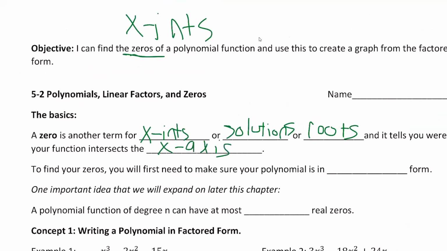These can be useful because a lot of times, for example, if you're modeling a rocket launch, if you can figure out where your x-intercepts are, that'll tell you the time. If you had a rocket that curved and did all sorts of weird things and then finally hits the ground, if you could find your x-intercept, you could figure out how long it would travel.